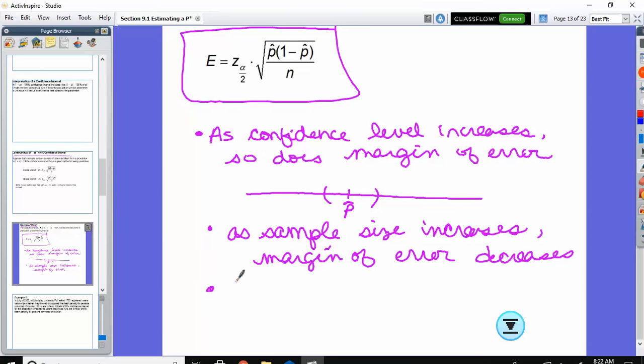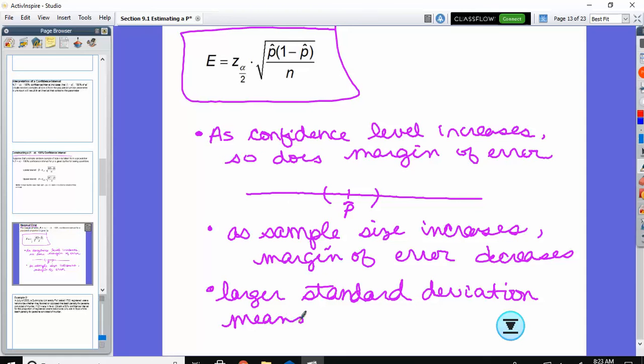Last thing, we know that in general, standard deviation is how spread out the data is. So a larger standard deviation means you have a larger margin of error.